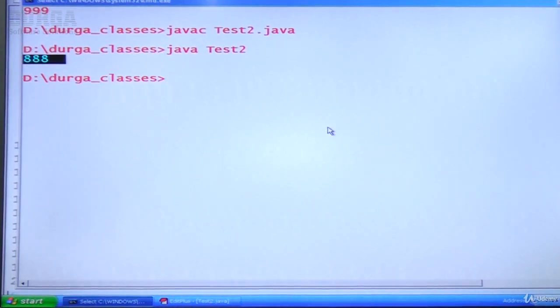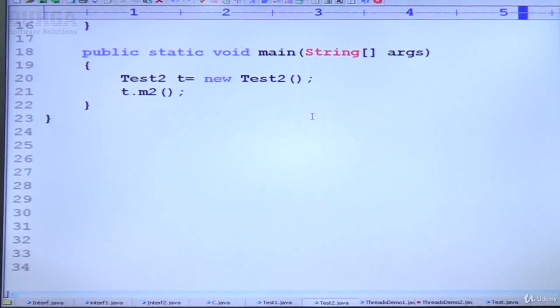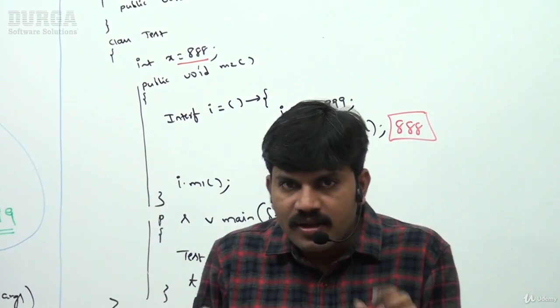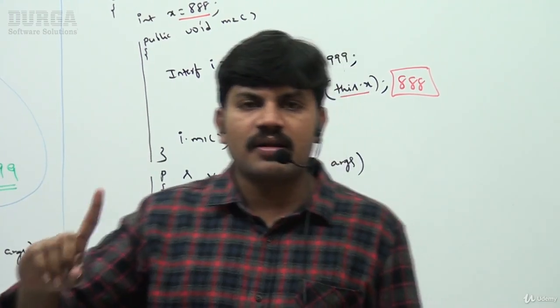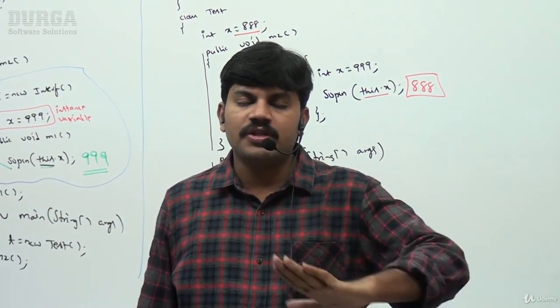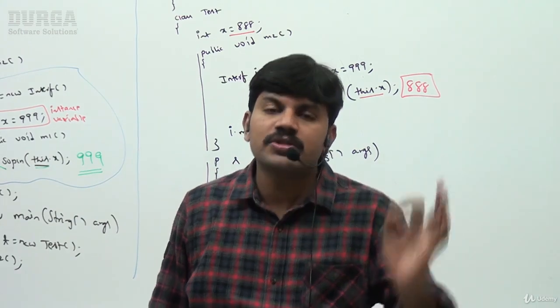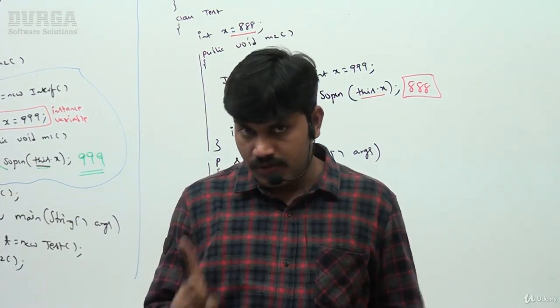Are you in a position to understand? These are the things you should be aware of clearly. Just observe a bit carefully. Here, we have the anonymous inner class, and after that the lambda expression. Observe the difference. Inside an anonymous inner class we can declare instance variables. Inside a lambda expression it's not possible to declare instance variables. Whatever variables are declared inside a lambda expression simply act as local variables only.